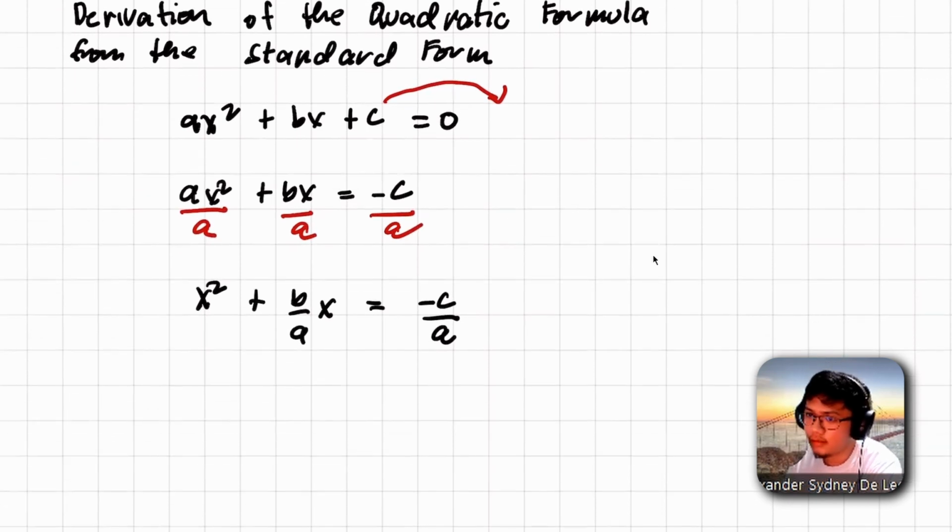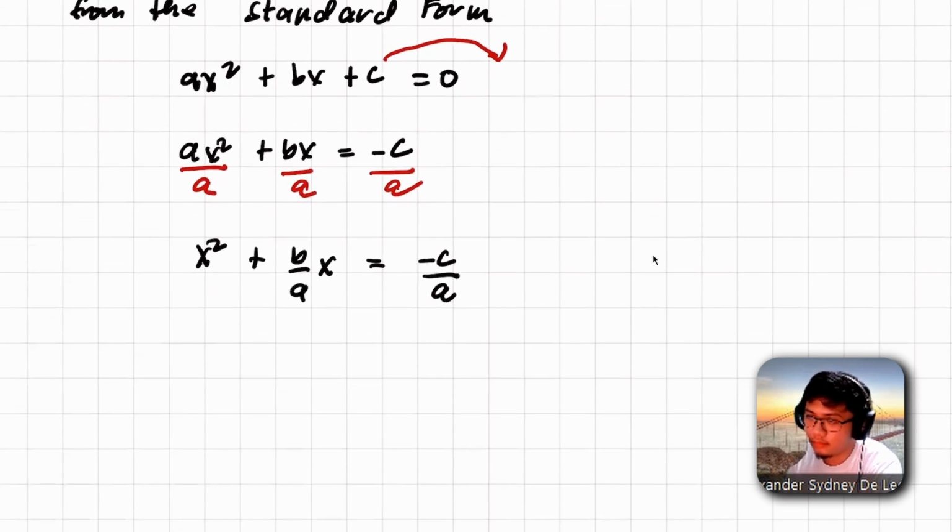And then, mag-start na tayo dito mag-complete ng square. So, paano ba natin ginagawa yon? Diba nag-a-add tayo ng term dito sa kabila at sa kanan. So, ano yung i-add nating term? Mag-a-add tayo ng square ng 1/2 ng second term, yung may x lang.